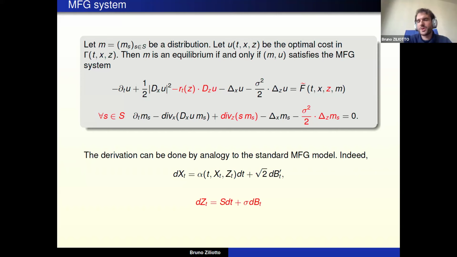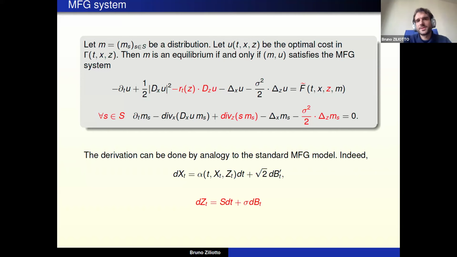And basically the idea is that there is a difference between the equation that drives the position of the player and the equations that drive the choice of the control. The choice of the control only depends on the signal, because you only observe the signal, you don't observe the state. Whereas the distribution of the variable position-signal is driven by an equation that depends on S because of dZ_t equals S dt plus sigma dB_t.